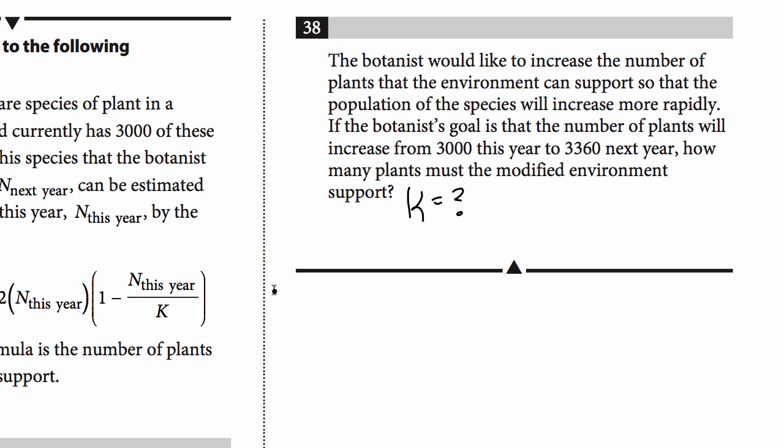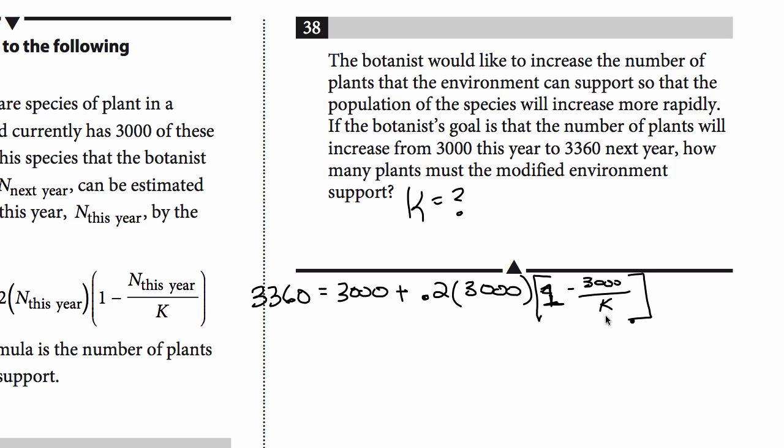So let's use their numbers to plug in. We've got 3,360 next year, and I'm really just going into the formula: 3,000 plus 0.2 times 3,000 times 1 minus 3,000 all over K. That's the equation you should have.